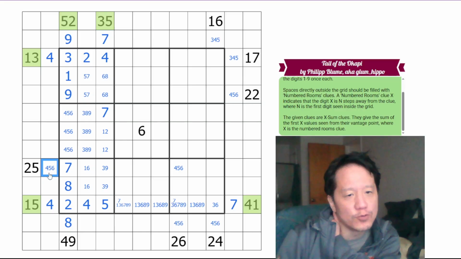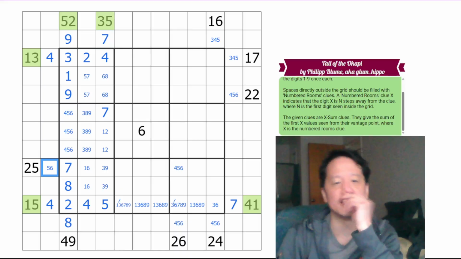Can this be 4, adding up to 25? 4 and 7 add up to 11. 25 minus 11 is 14. But either 6 and 8 or 5 and 9 add up to 14. So that's no. So this cannot be 4.